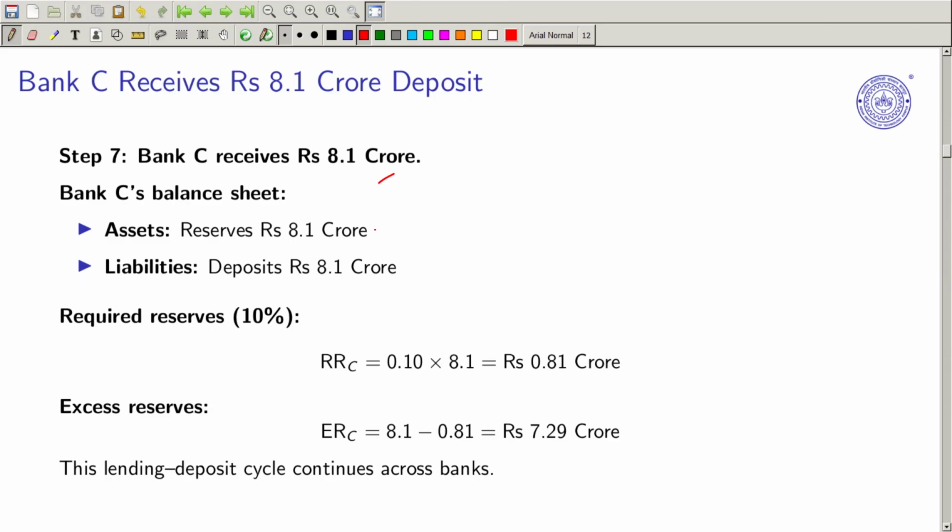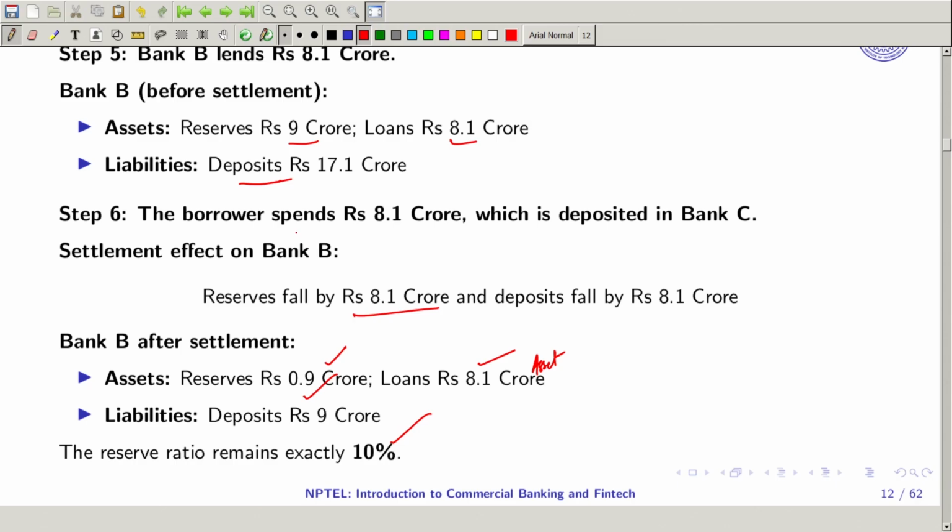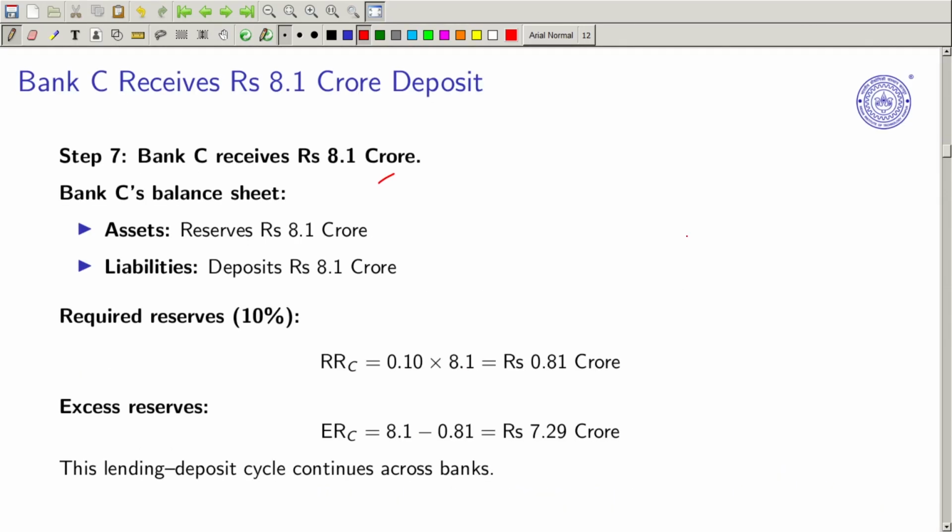So here what we mentioned, the borrower deposited in bank C. So this transaction we have to be clear that bank B is now lending 8.1 crore, and this 8.1 crore is moving from bank B to bank C because now the customer is dealing with bank C. Bank C will have to maintain 10% of 8.1 crore. So what is 10% of 8.1 crore? 81 lakhs, 0.81 crore. How much will be the deduction of this, and how much will be the excess reserve? So 8.1 crore minus 0.81 is coming out to be 7.29 crore, right?